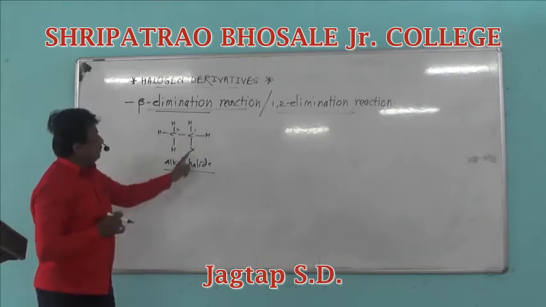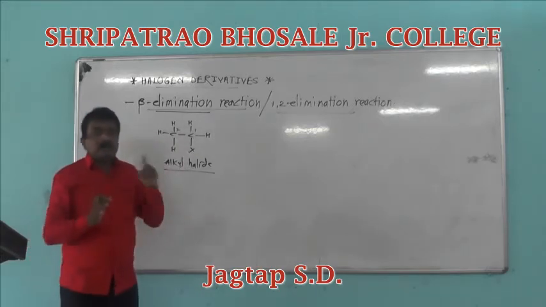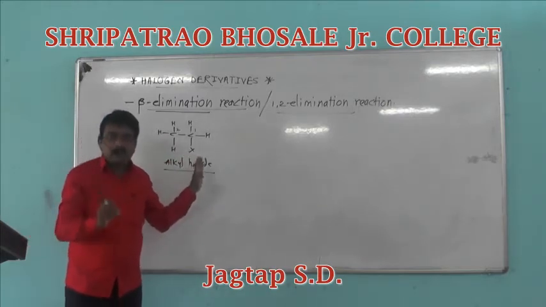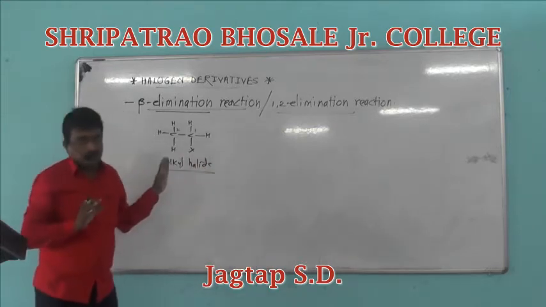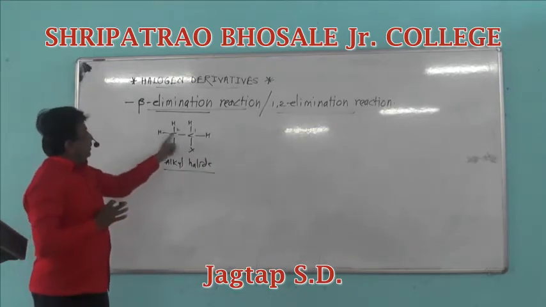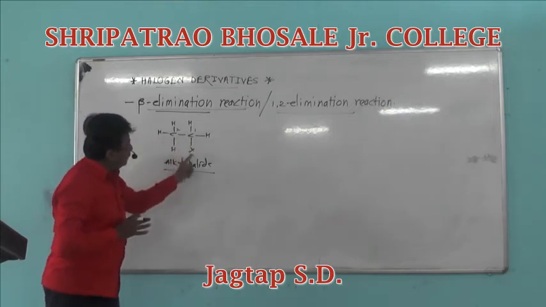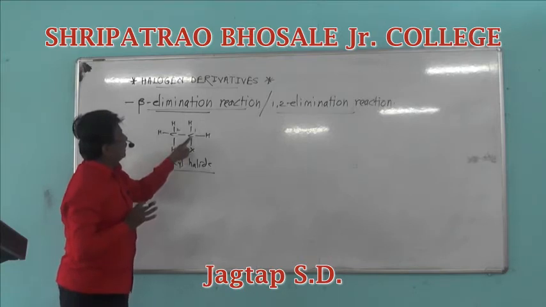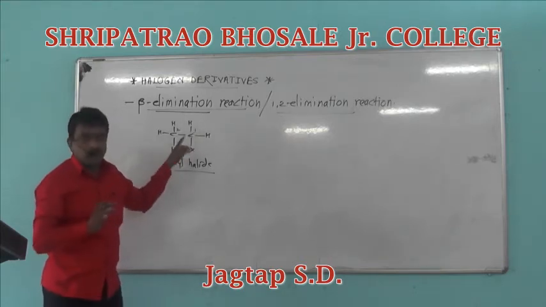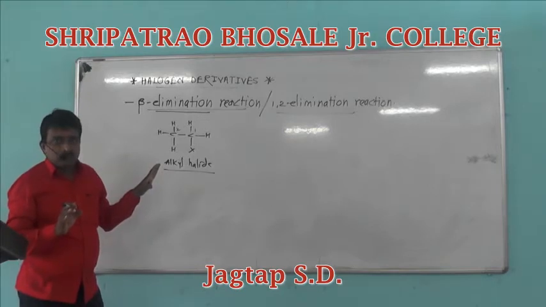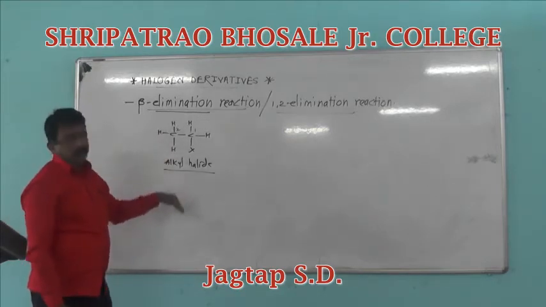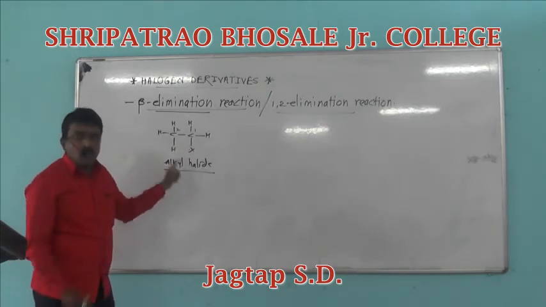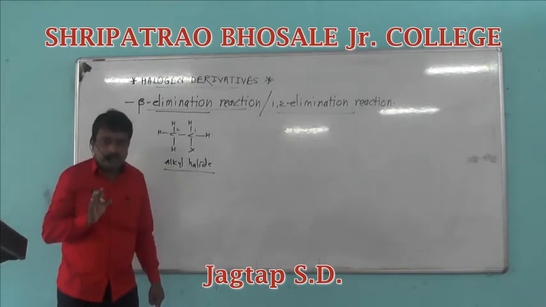In an ethyl halide, X may be chlorine, bromine or iodine. The halogen atom attached to the carbon atom is always numbered 1. So, according to the IUPAC system, it is called haloethane or 1-haloethane.